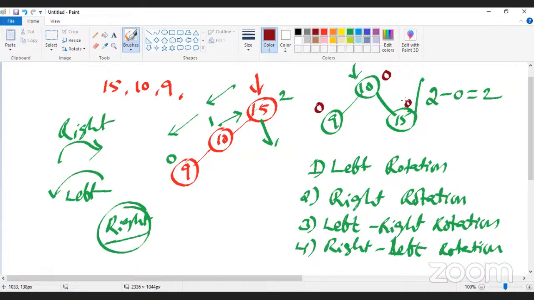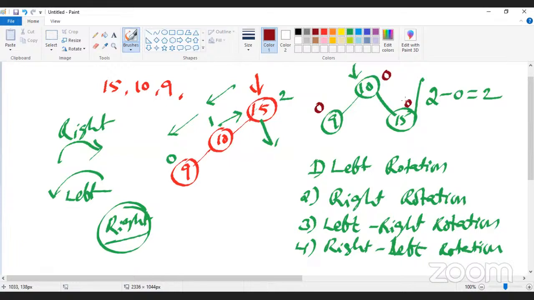An AVL tree is a height balanced tree. If the BST is not maintaining the balancing criteria, then to convert a BST into an AVL tree, we will do various operations. Those operations are called rotations: left rotation, right rotation, left-right rotation, and right-left rotation.